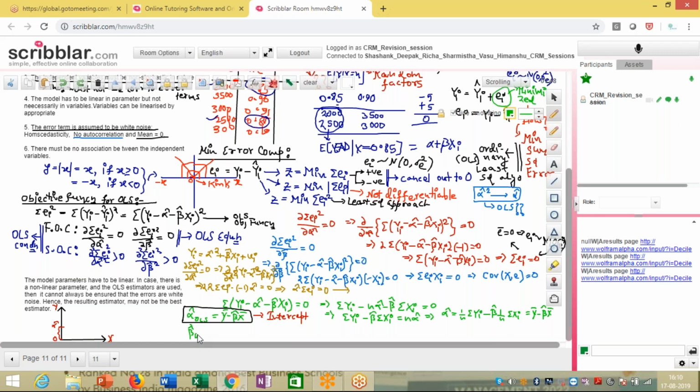The beta hat OLS is equal to covariance of xy divided by the variance of x.